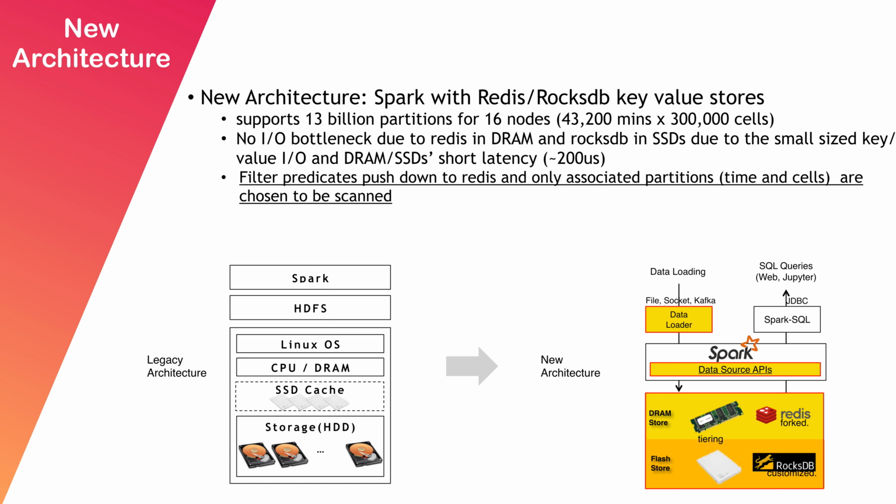We adopted key value stores, which are very efficient for storing small size data and searching for them: Redis for DRAM store and RocksDB for SSD store. In Spark Summit, we will introduce in more detail how we optimize these key value stores for DRAM and SSDs.